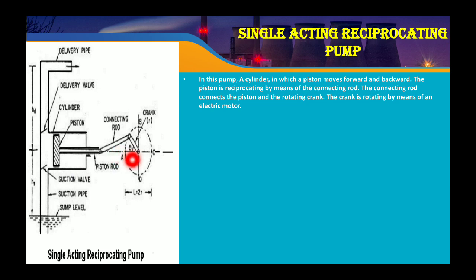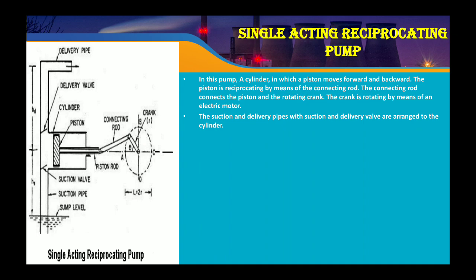The crank is rotated by means of an electric motor, which converts electrical energy into mechanical energy. So when the electric motor is coupled with the crank, the crank also rotates.